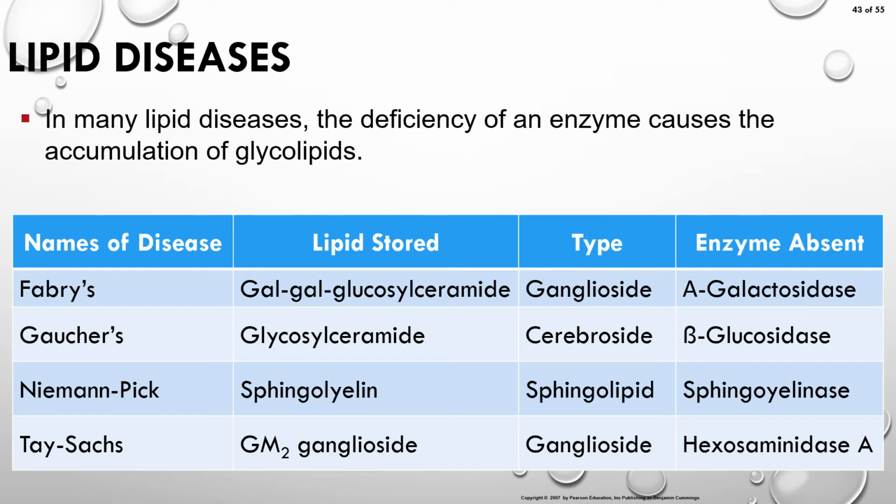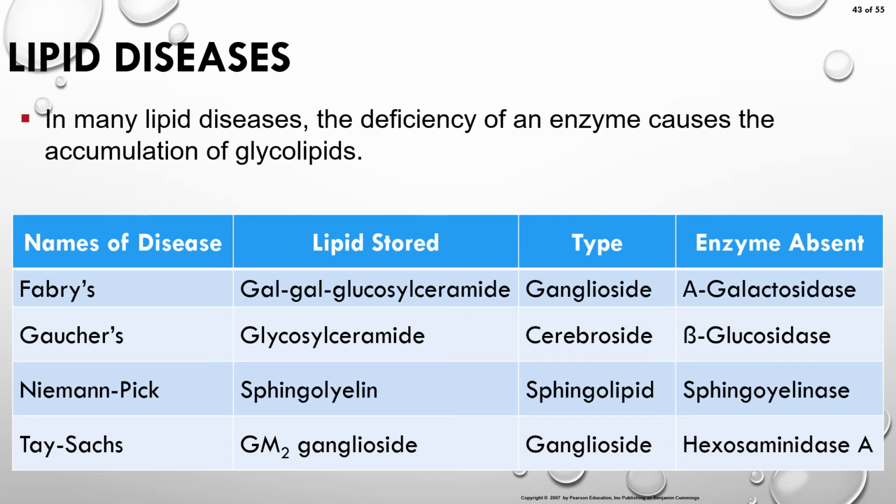Okay, so these are the lipid diseases. You have the deficiency of an enzyme that causes the accumulation of glycolipids. So for example, in Fabry's disease, you have the stored lipid galactose glucoceramide, which is a type of ganglioside, and the enzyme absent that causes Fabry's disease is galactosidase. In Gaucher's, the enzyme beta glucosidase is absent, and this causes the disease.